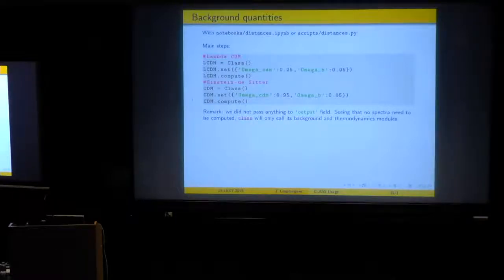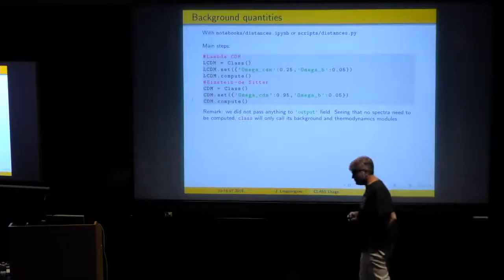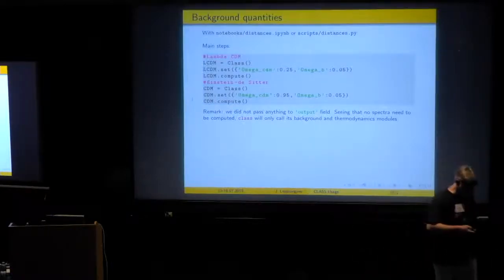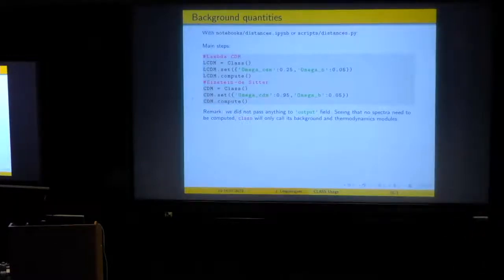So what should be 1 should be omega CDM plus omega B plus omega radiation plus omega lambda. By default, radiation is the normal photons, the normal massless neutrinos. It contributes by a very small amount, but then it means that omega lambda should not be exactly 0.7, but a little bit less. In the other case, I didn't want to bother computing omega of radiation, which is 10 to the minus 5, so I wrote this, but my omega lambda should not be exactly 0. It should be a slightly negative value compensating for omega radiation such that the total is 1.